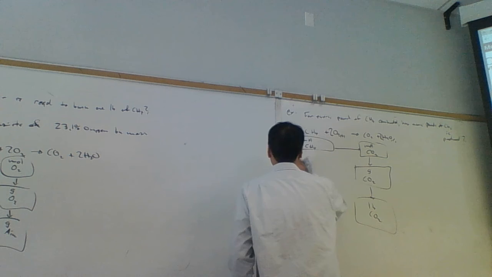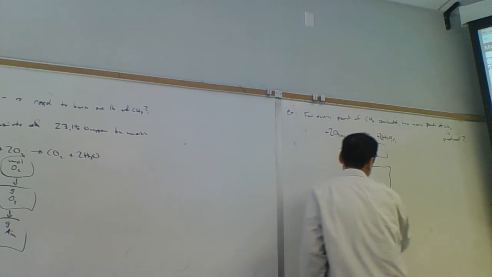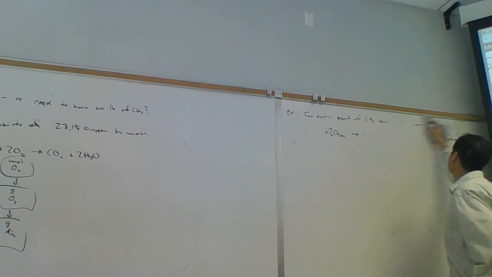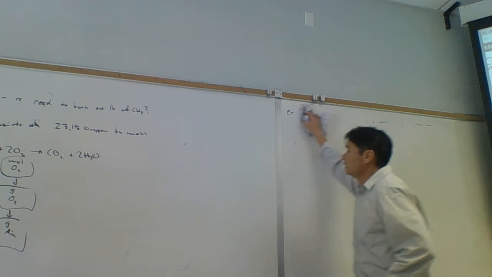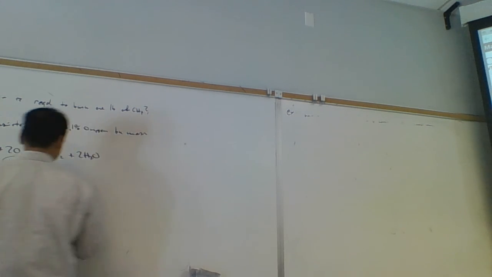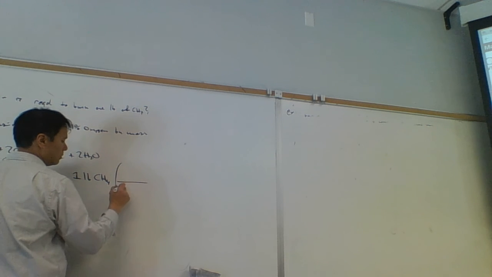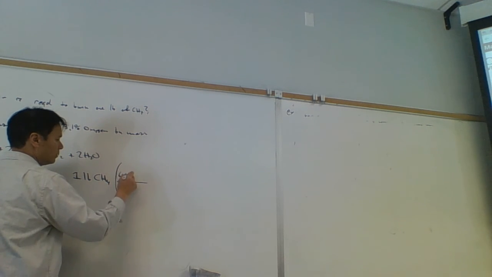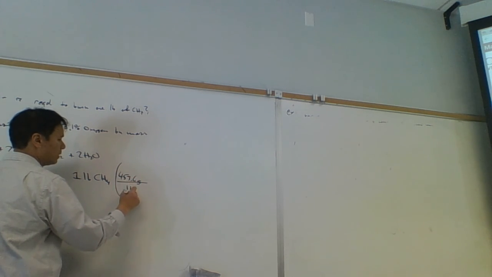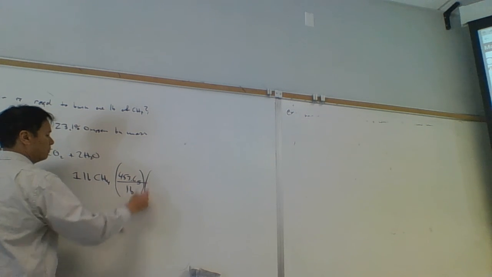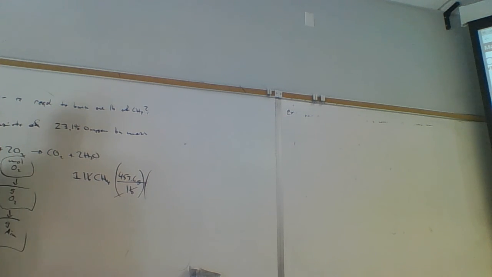Okay, so let's set up the dimensional analysis equation here. We're going to have 1 pound of CH4. And then we're going to convert it to grams. We know that there are 453.6 grams for every pound of anything. The pounds cancel, that leaves us with grams of methane.